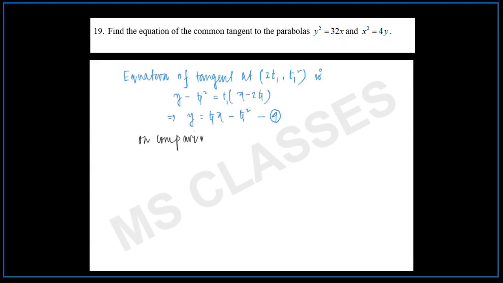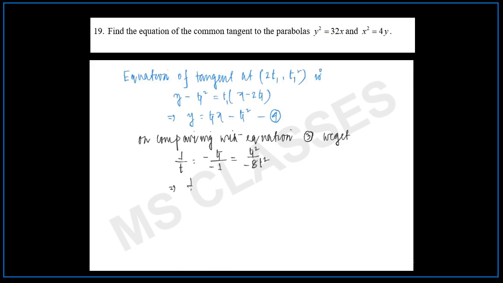Comparing equation 4 with equation 3, we get 1 by t equal to t1 by minus 1 equal to t1 square by minus 8t square.